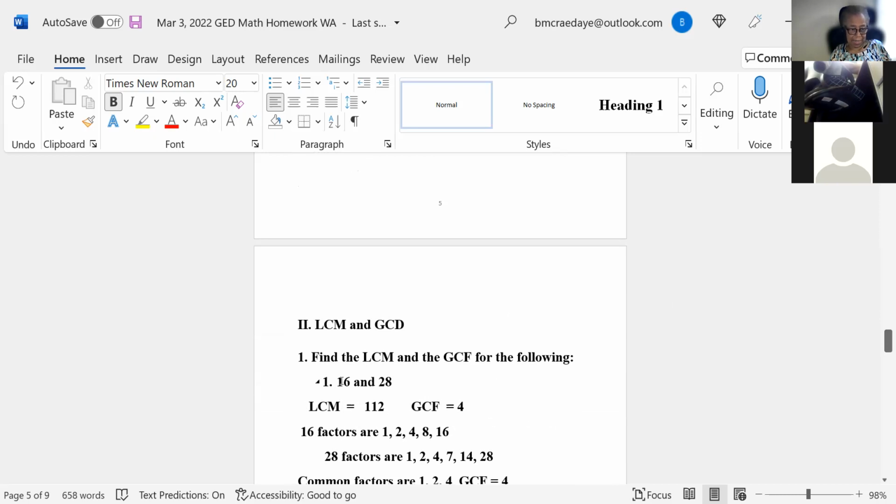So 16's factors are 1, 2, 4, 8, 16. We put the 1, we put the 16, and we put the ones in between. 8 times 2 is 16, 4 times 4 is 16. Then 28, we have 1, 28, and in between, 4 times 7 is 28, 2 times 14 is 28.